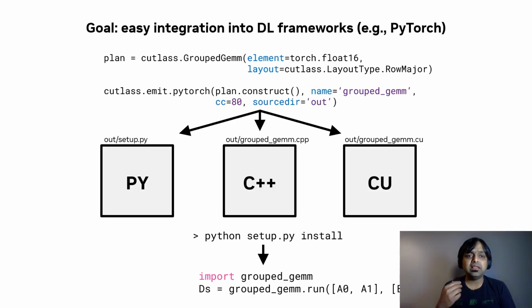Finally, the Cutlass Python interface also aims to make it easy to integrate Cutlass kernels into deep learning frameworks such as PyTorch. The experimental Python interface to be released soon contains a cutlass.emit.pytorch method for automatically emitting a PyTorch CUDA extension for the Cutlass kernel declared via the Python interface.